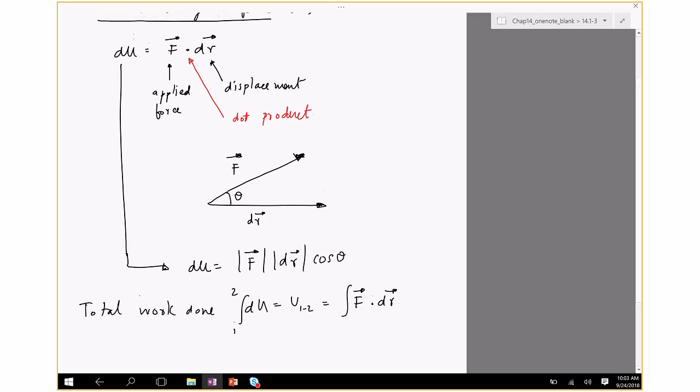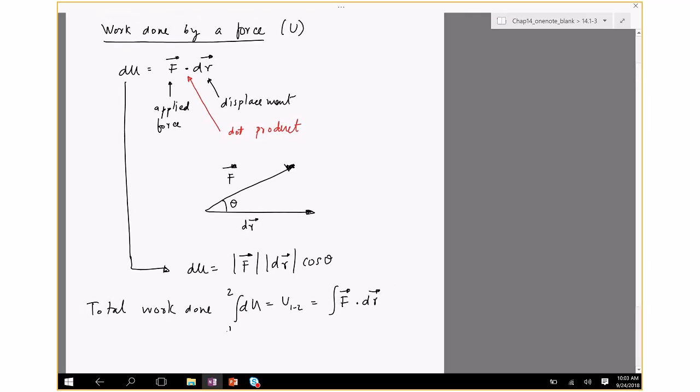So before we can use the principles, we need to know what it means to do work. Work done by a force is denoted by U. The formula for U is, differential first, F dot dr, where F is the force, dr is the displacement, and the way you define this is the dot product between F and dr. To take the dot product, you take the x component of F, multiply with the x component of dr, take the y component of F, multiply with the y component of dr, and then sum it up.